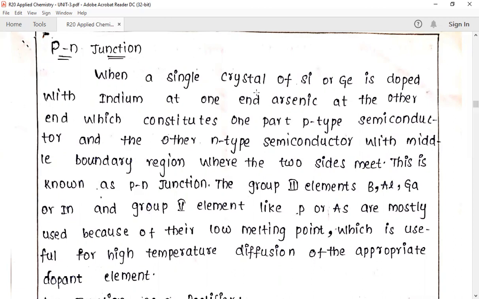Group 3 elements like boron, aluminium, gallium, or indium, and group 5 elements like phosphorus and arsenic are mostly used because of their low melting point, which is useful for high temperature diffusion of appropriate dopant elements.